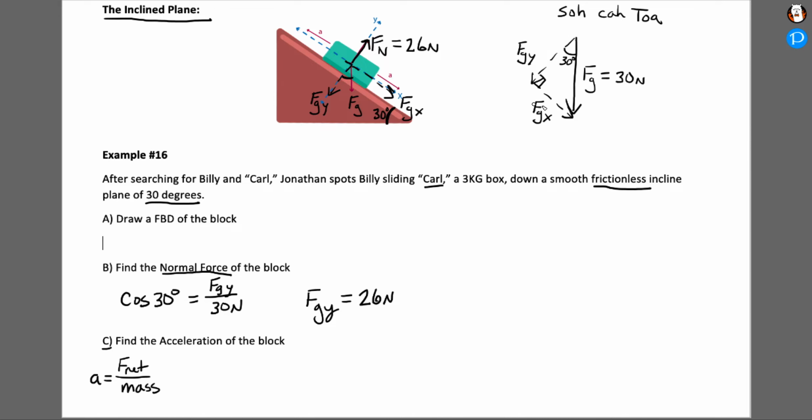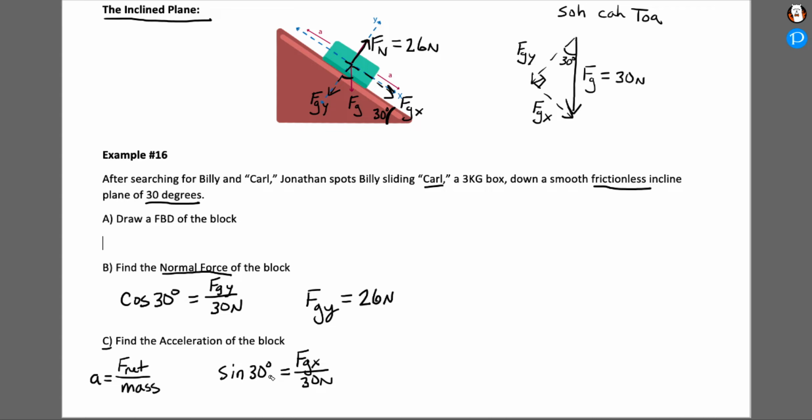So we come back over here. We're looking for this force of gravity in the x direction, what's pulling it down the hill. We're going to solve for that. So that's going to be my opposite side over my hypotenuse. So sine of 30 degrees is going to be equal to FGX divided by 30 newtons.